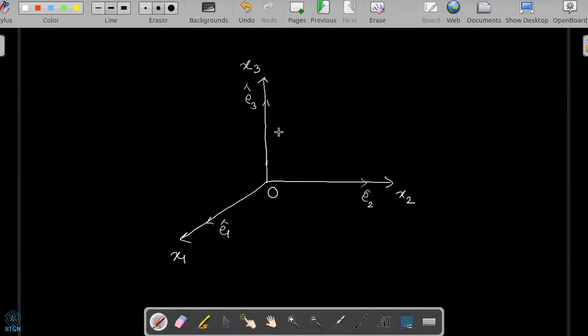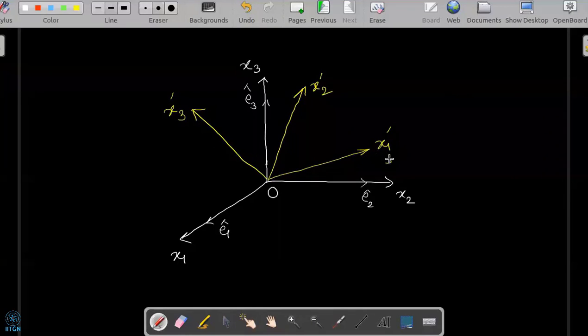Then we will have a rotated system, let's say x1 dash, x2 dash, and x3 dash, with E1 cap dash, E2 cap dash, and E3 cap dash as the base vectors.